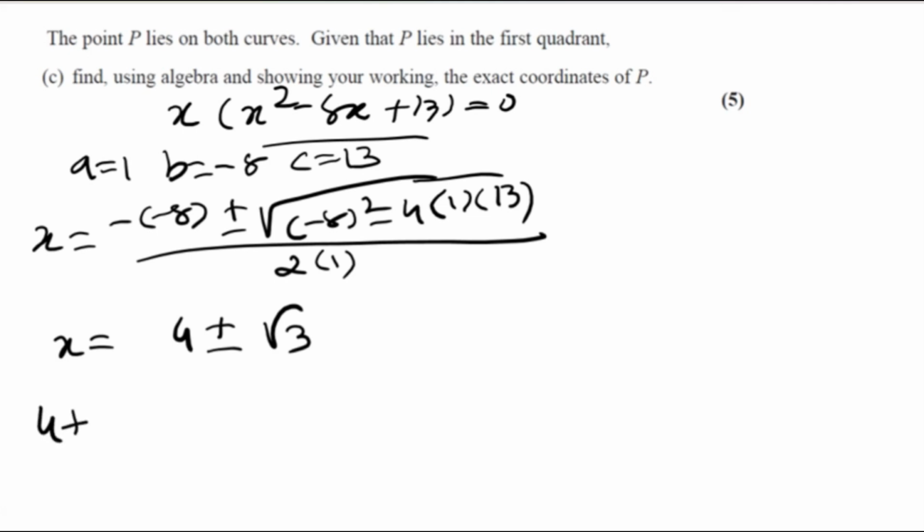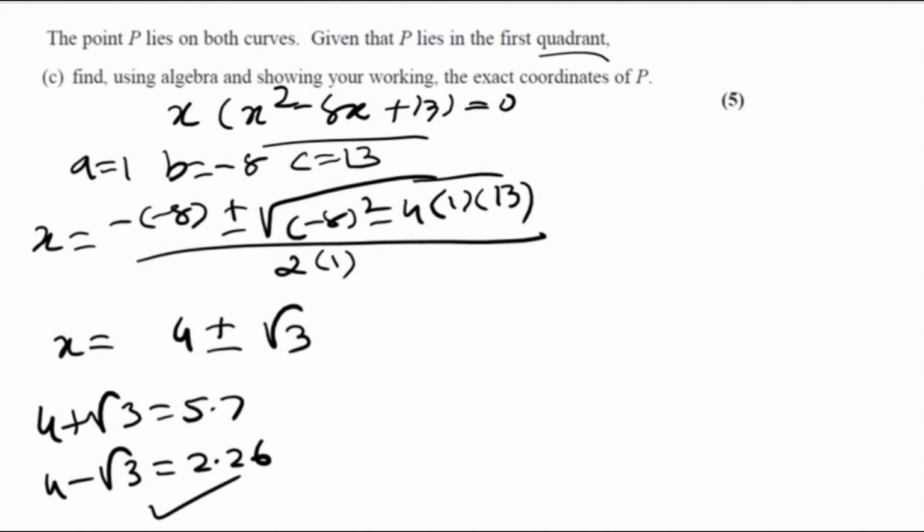So 4 plus root 3 will give us 5.7 and 4 minus root 3 will give you 2.26, right? Now 5.7 is in the fourth quadrant, but we are told that it is in the first quadrant. So we will consider the value 4 minus root 3.